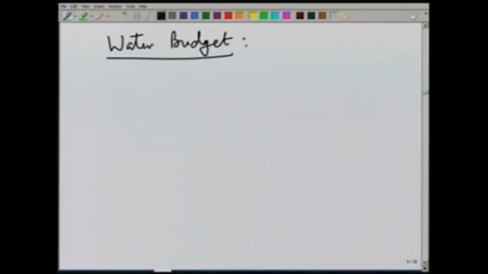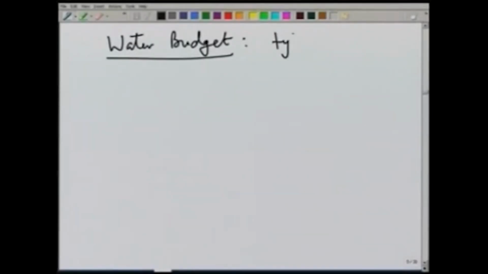In the water budget, typically we take a time period of sometimes a day or a week or a month, typically a day. So, what is the amount of water coming in and going out in a day?